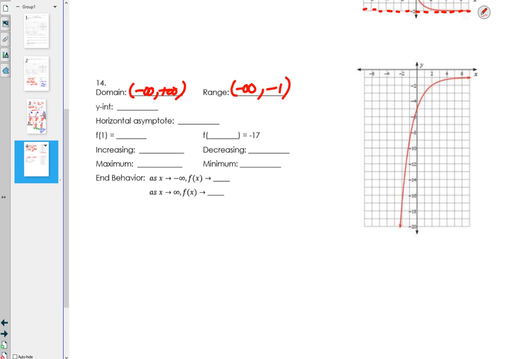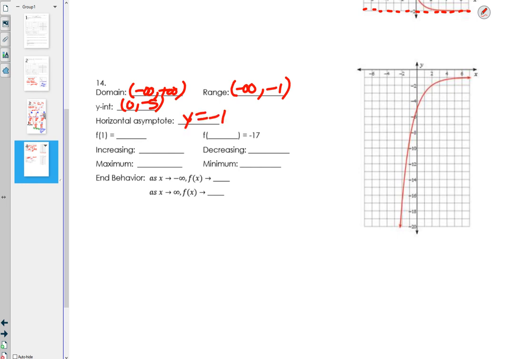Martha, where's the y-intercept? Yeah, it's a little blurry, but yeah, looks like negative 5. That's good. How about the horizontal asymptote? Where's that at? y equals negative 1.